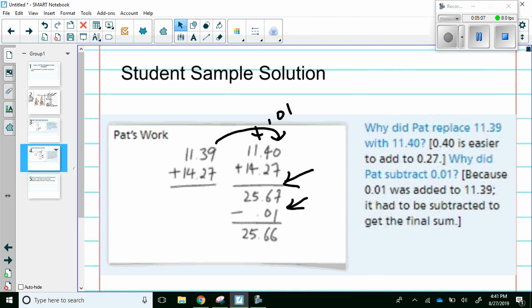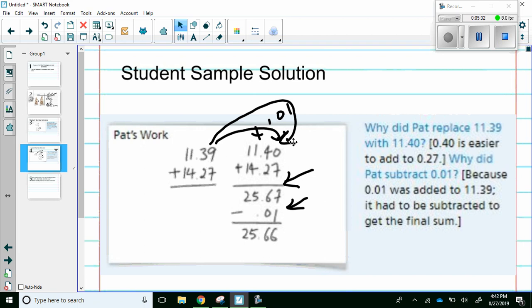The next student is Pat. Pat's work is a little different. You can see how he had to add 1/100th over to this column to get 11 and 40/100ths. He did this to know that it's a more round number to add, and some people find that easier.